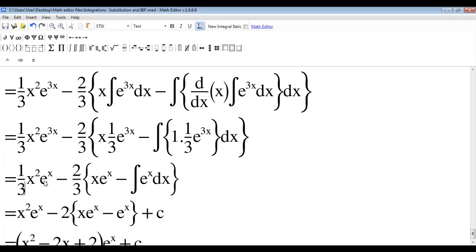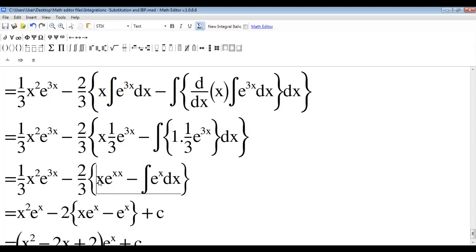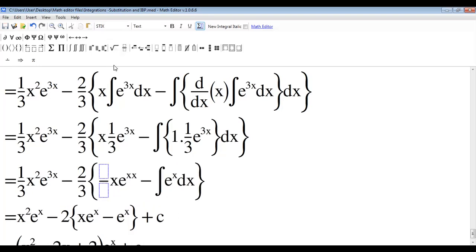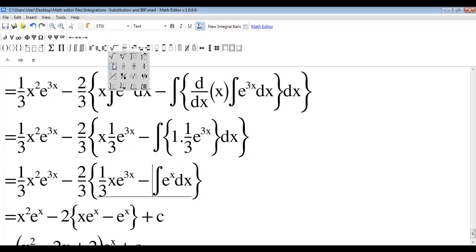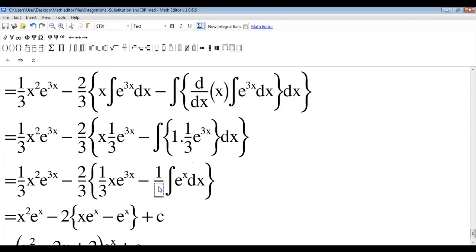1 by 3 x square e to the power thrice x, 2 by 3 x into e to the power thrice x, and here will be another 1 by 3, with thrice x. So 1 by 3 will be before the integration, because this is the constant, 1 by 3 e to the power thrice x.